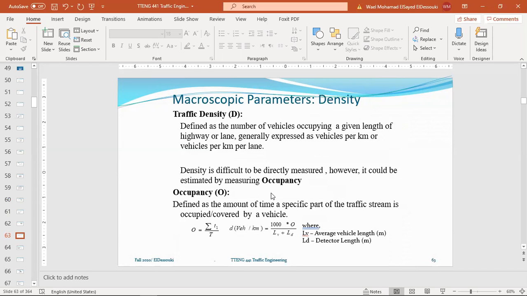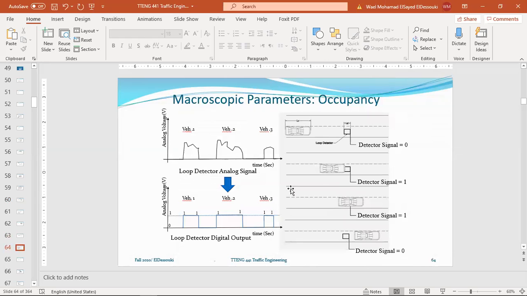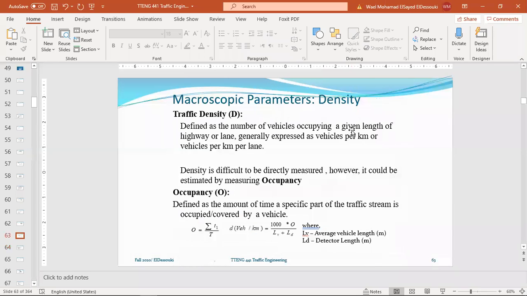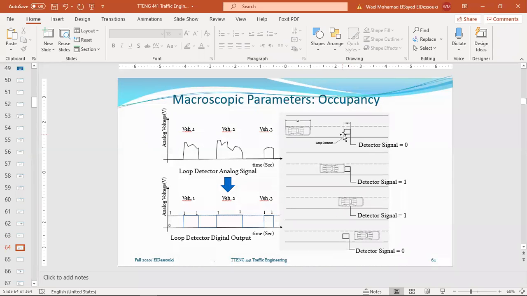another parameter, which is the occupancy. What is the occupancy? Usually, if we have loop detectors, as we have here, the occupancy will be the percentage of time, defined as the amount of time a specific part of the traffic stream is occupied or covered with a vehicle. So in this case, that's the loop detector.